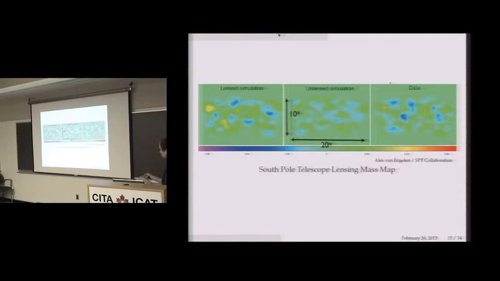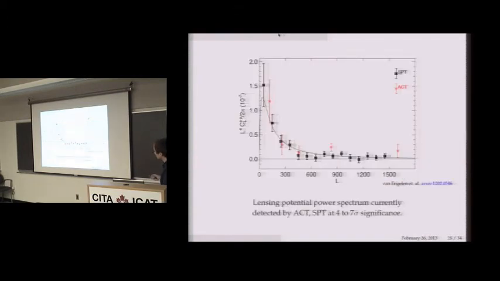We've integrated contributions all the way from ourselves to the last scattering surface, but with a peak around redshift of 2. You can take the power spectrum of this map and compare it to your expectations, and you have good agreement with lambda CDM. The detections from ACT and SPT are at 4 to 7 sigma significance, so even particle physicists would believe them.